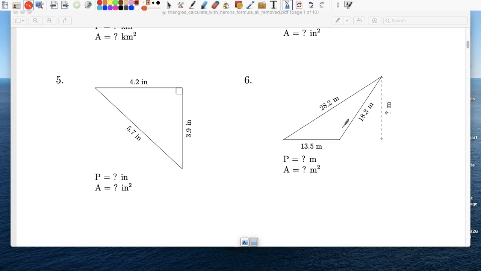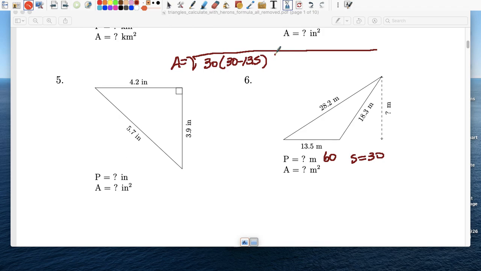Here, perimeter. All right, so we need the perimeter, 28.2 plus 18.3 plus 13.5. Enter. So the perimeter is 60. Good. Nice, pretty number. So the perimeter is 60, which means the semi-perimeter is 30. Great, easy number. So the area of this triangle using Heron's formula is going to be 30 times 30 minus 13.5 times 30 minus 28.2 times 30 minus 18.3.